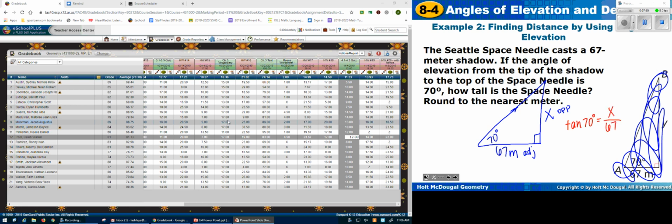Okay, and when x is up high, we multiply. So x is equal to 67 times the tangent of 70. Nearest meter, yes sir. 184? All right, 184 meters. Pretty easy? Okay, try the next one on your own.